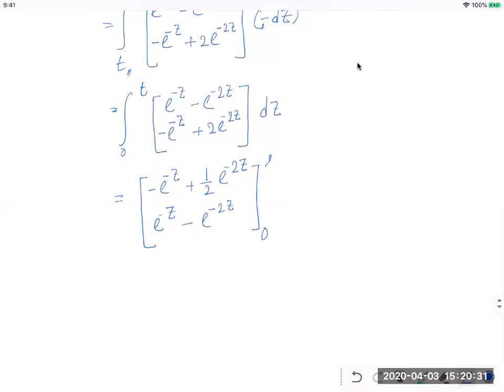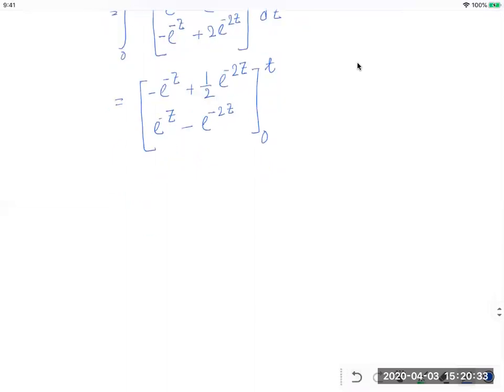Limits at 0 to t. By putting the upper limit, first element will be minus e to the power minus t plus half e to the power minus 2t. Second element is e to the power minus t minus e to the power minus 2t.